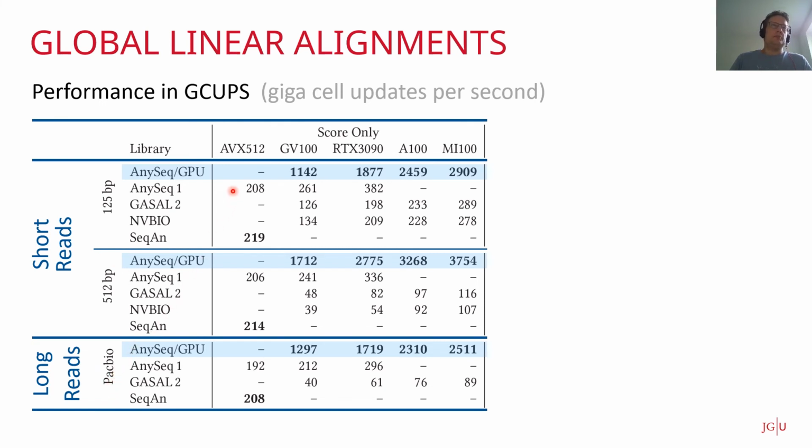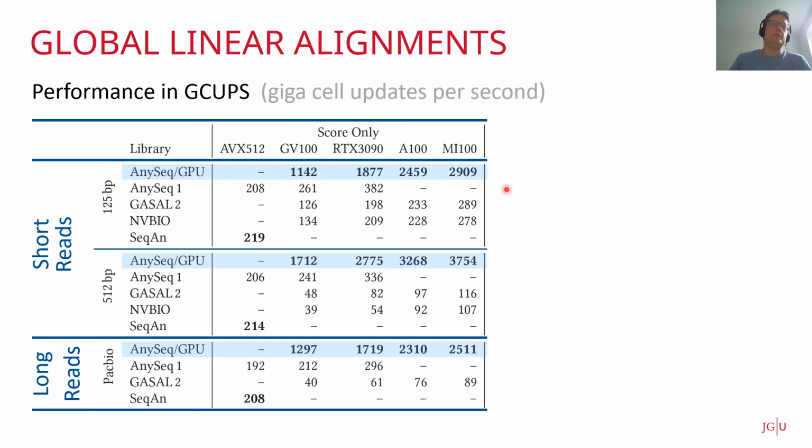The two CPU libraries perform more or less the same, around 200 gigacups, while SecN is a little faster than the old AnySeq 1. Among the GPU libraries, we can clearly see that AnySeq GPU outperforms all other GPU libraries by up to an order of magnitude.